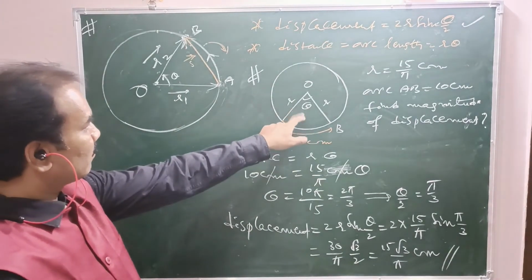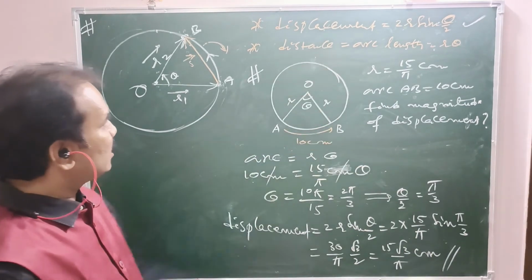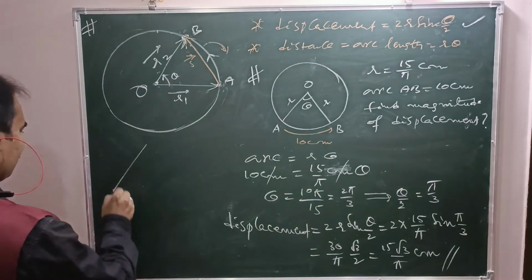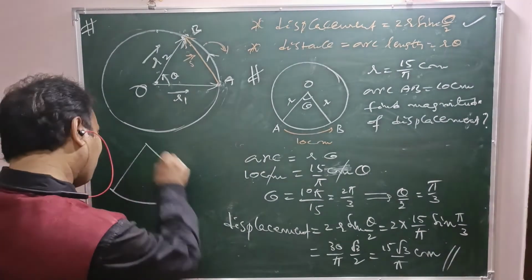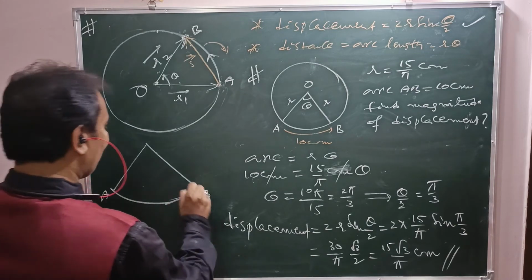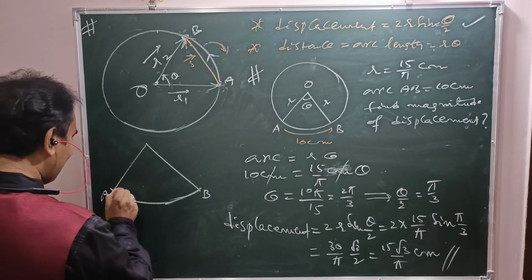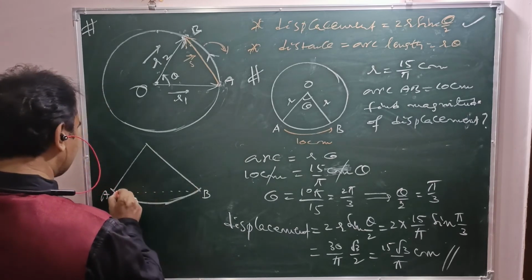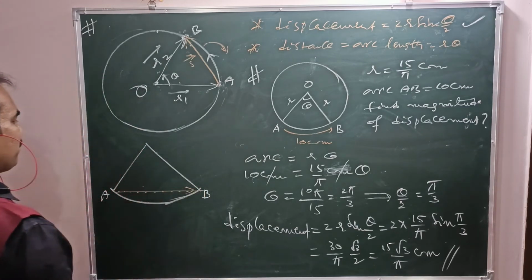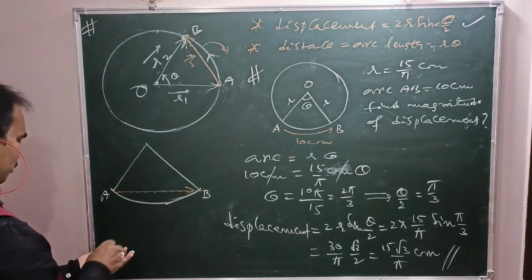Of course, in another way also we can find the expression for displacement. See, I am highlighting this part of the diagram. AP is the arc. Now what is the displacement? A straight line segment. This is the displacement. Now the total angle made by the arc is theta.